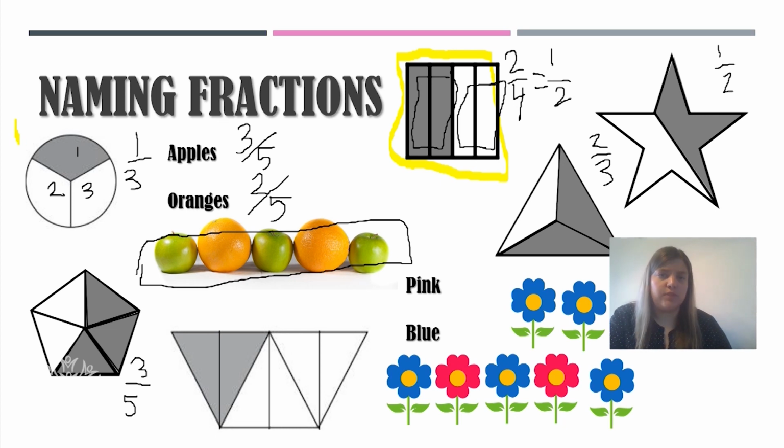What about the trapezoid? Notice I cut the triangles a little bit smaller this time. How many triangles do I have now? You're right, I have 6 triangles now. And how many of those triangles are shaded? Perfect, I have 2/6 that are shaded.